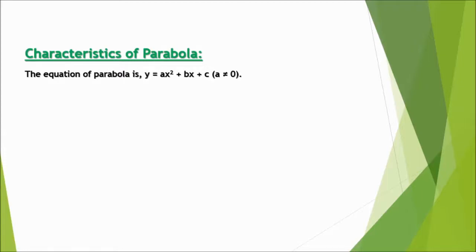Now there are various cases. First case, what will happen if x is equal to 0? If we substitute x as 0, this term will vanish, this term will also vanish, so we will only get y is equal to c.